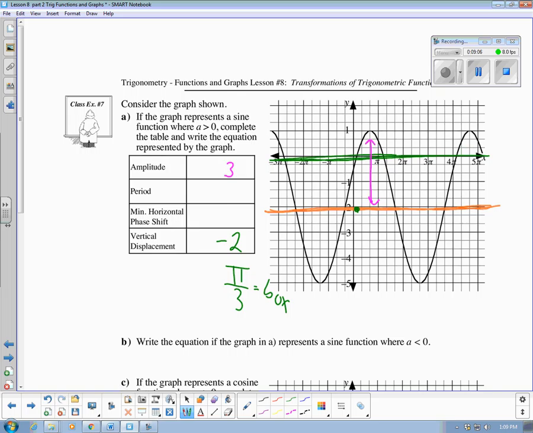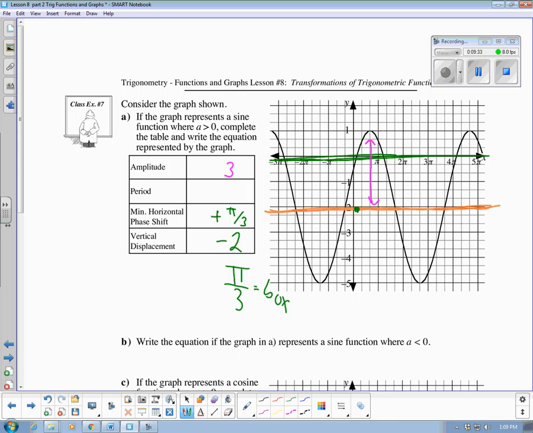And I have a horizontal shift that is pi over 3 to the left. Is that a positive pi over 3 or a negative pi over 3? Positive or negative, because I moved left? So my horizontal shift is pi over 3.